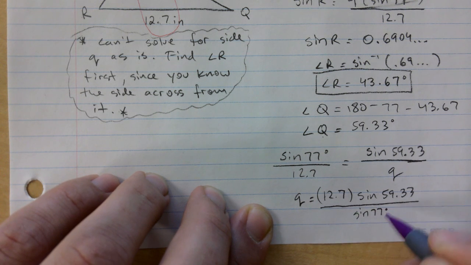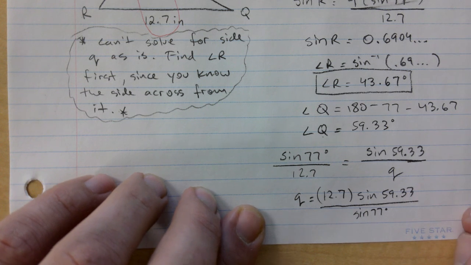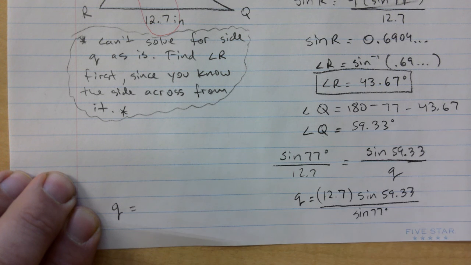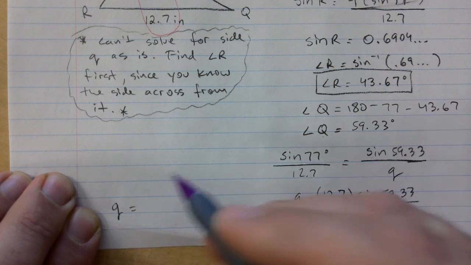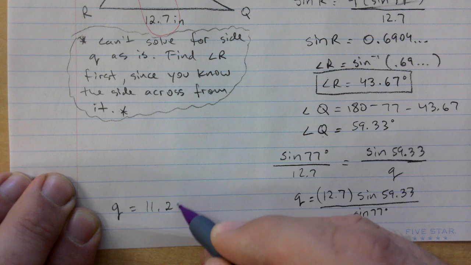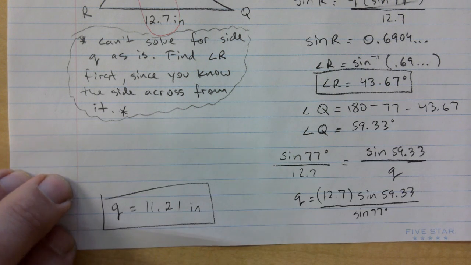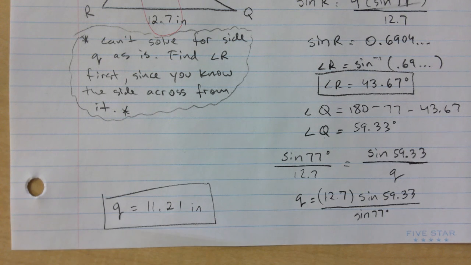No inverse here because you're not finding an angle. You're finding a side length. Keep those separate. I get 11.21 inches. Make sure you don't forget your units. And there you have it.